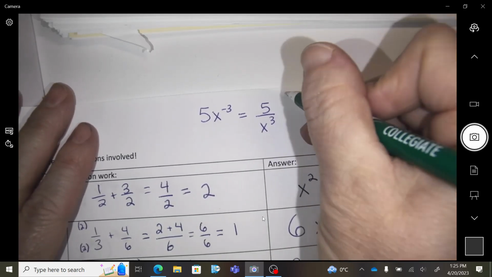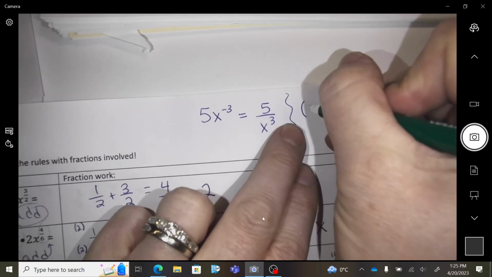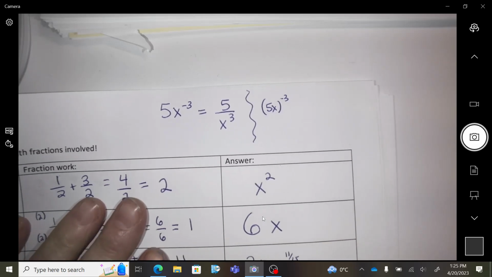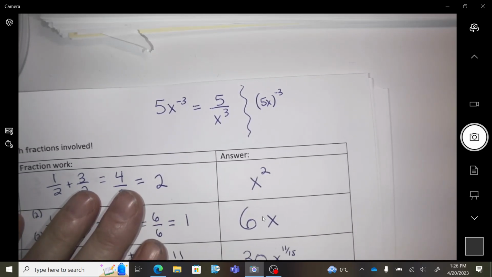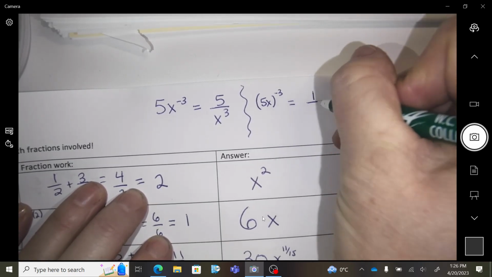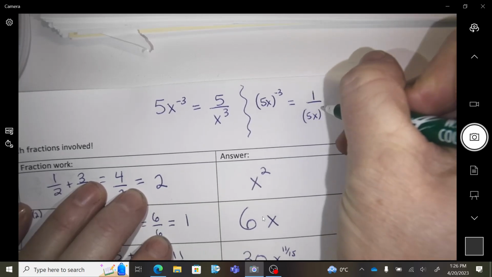Okay? Versus this is different. What's the different scenario here? This would be 1 over 5x cubed.